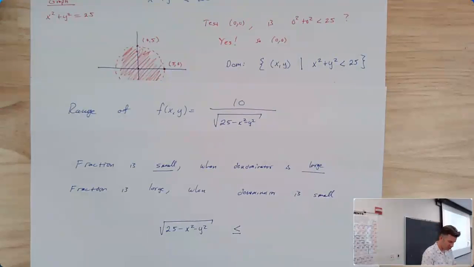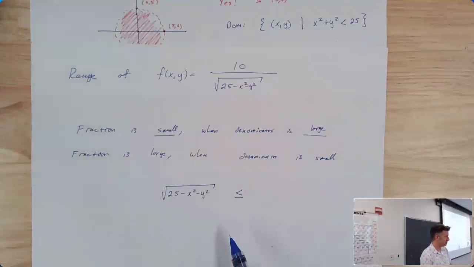Well, I'm subtracting off x squared and y squared. So if I pick numbers for x and y, it's just going to get smaller. Like if x is 1 and y is 2, I mean, 25 minus 1 minus 4, which is smaller than it started off. So what are the things I could pick for x and y that would make it essentially the biggest it could be?